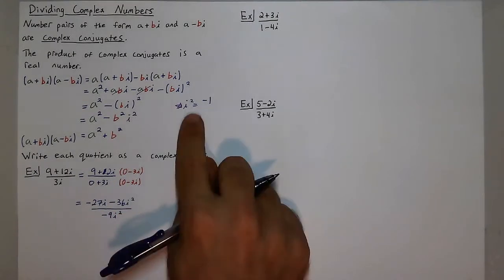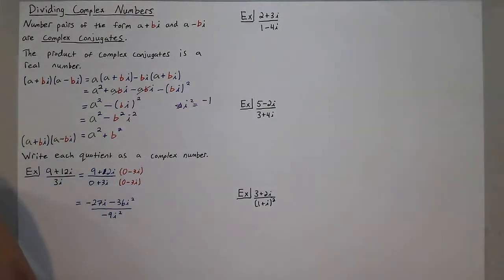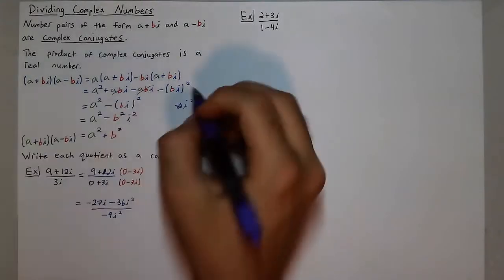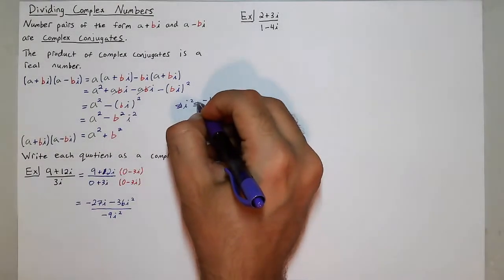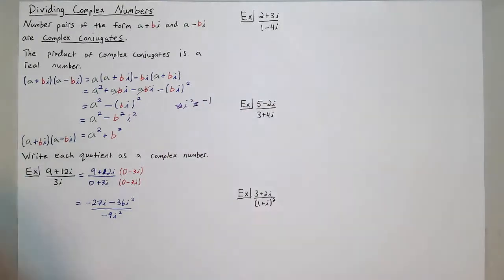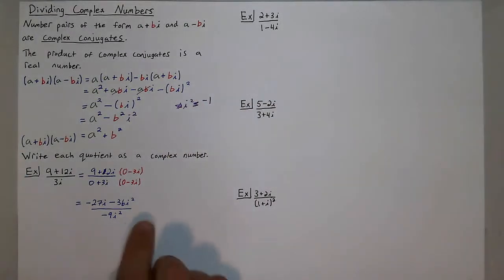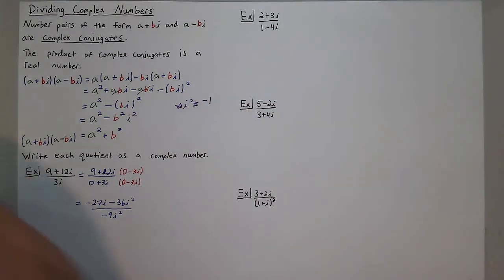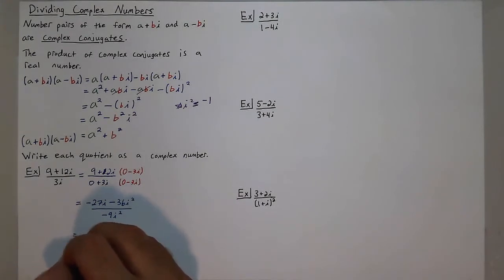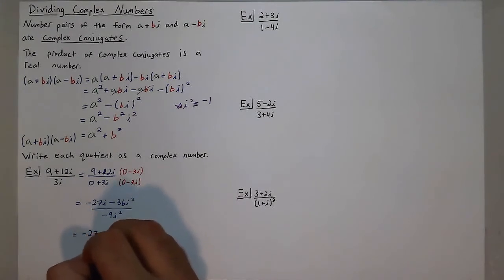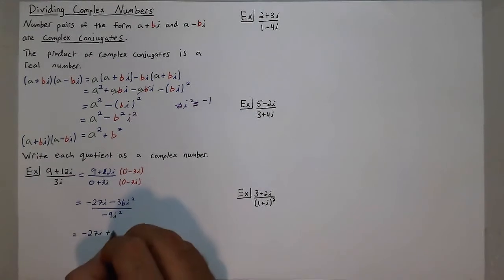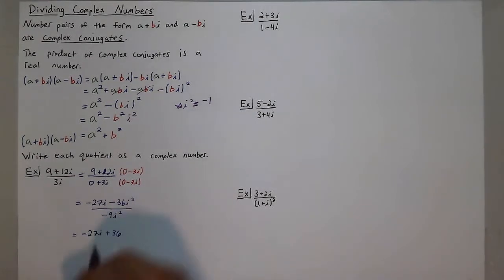And again, i squared is equal to negative 1. So what I can do is replace all my i squareds with negative 1. That gives me negative 27i plus 36, because i squared times negative 36 gives positive 36, over a positive 9.